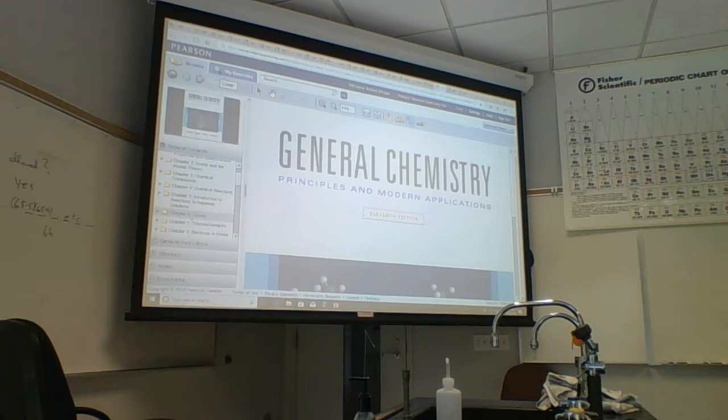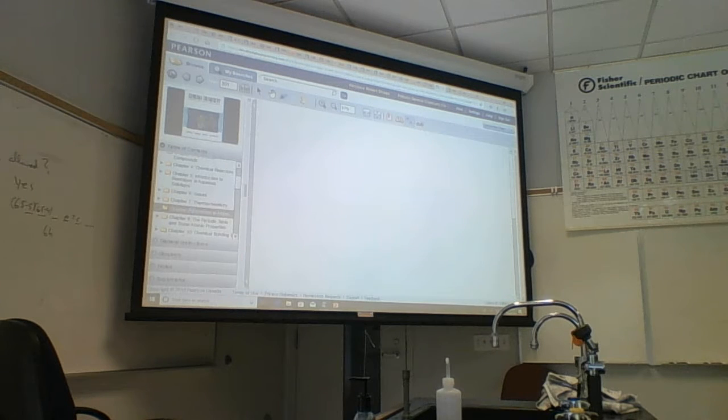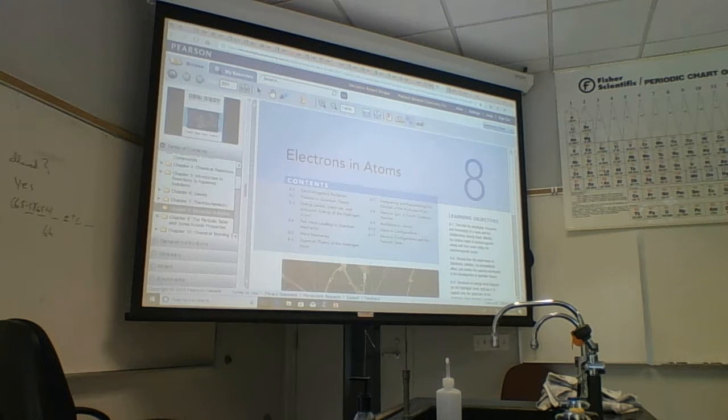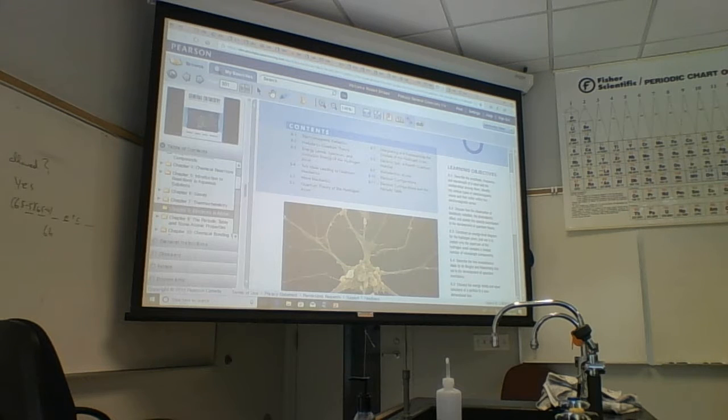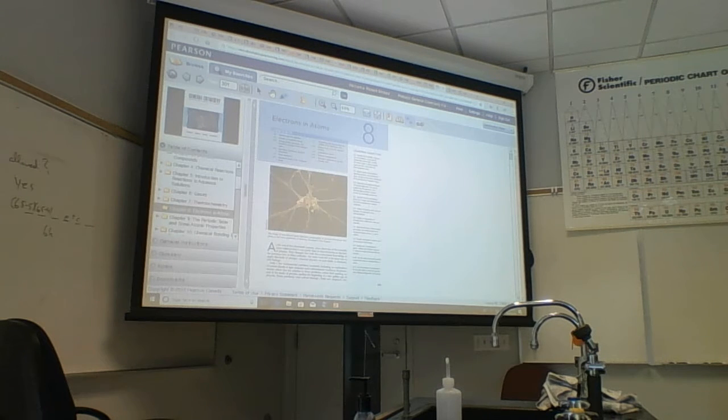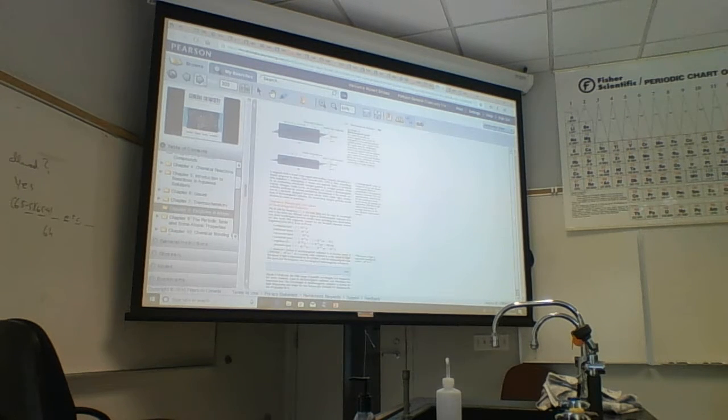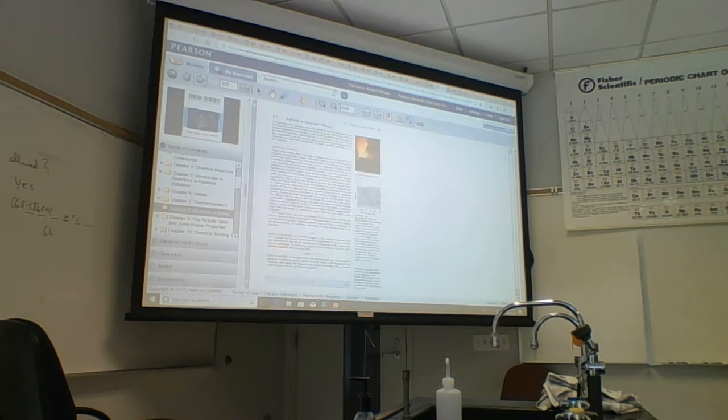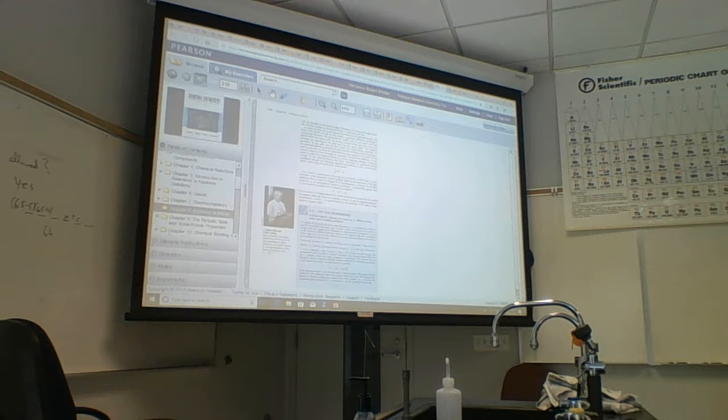This is the Chem 1A book, so let's take a look. Quantum mechanics is chapter 8, Chem 1A. Talk about light, wave, photon, spectra, Bohr model.